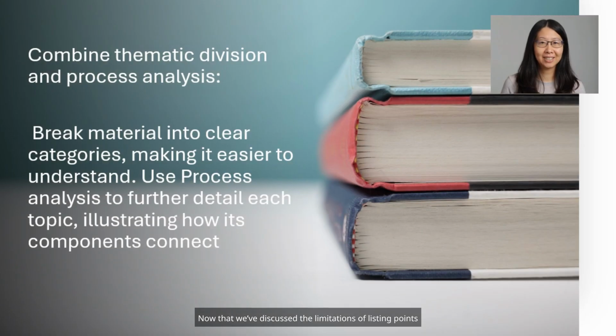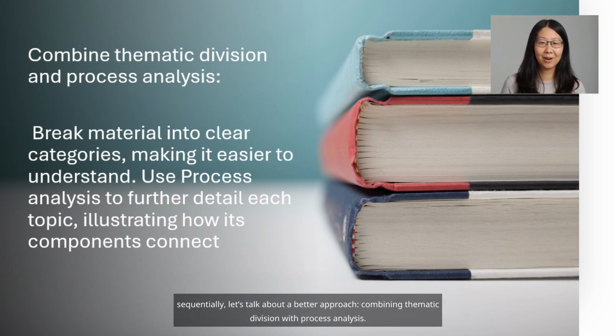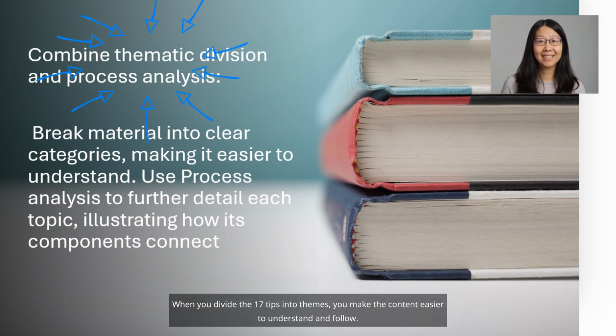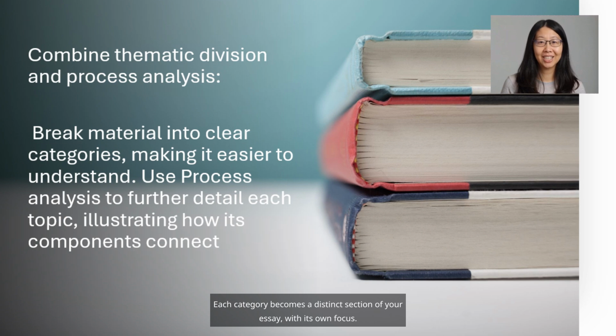Now that we've discussed the limitations of listing points sequentially, let's talk about a better approach, combining thematic division with process analysis. This means breaking the material into clear, manageable categories. When you divide the 17 tips into themes, you make the content easier to understand and follow. Each category becomes a distinct section of your essay with its own focus.